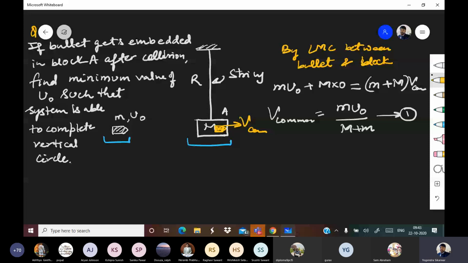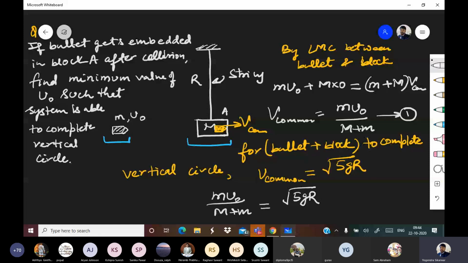That means m u naught upon (m plus M) should be equal to root 5 gR, and that gives us u naught is equal to (m plus M) upon small m into root 5 gR.